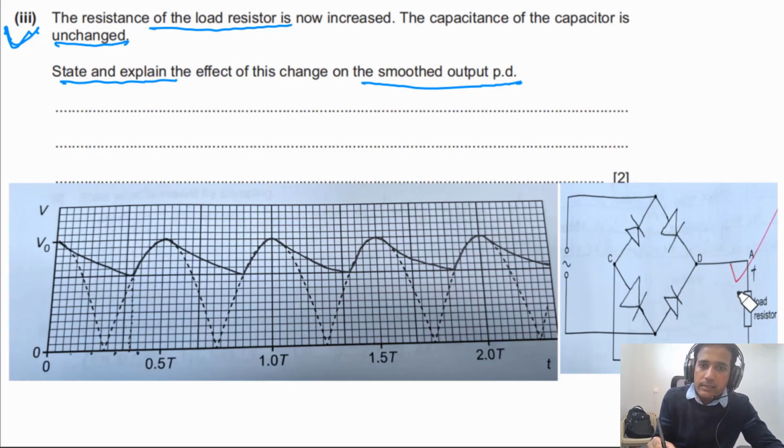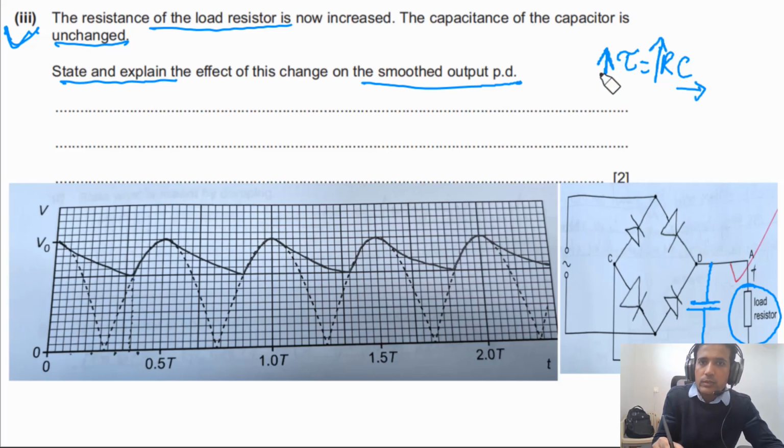As the resistance of this load resistor is increased, and our capacitor is connected between C and D, the capacitor will discharge through this resistor. So tau for discharging is equal to RC. If resistance increases and C remains constant, tau will increase. Tau increasing means the capacitor will discharge slowly.